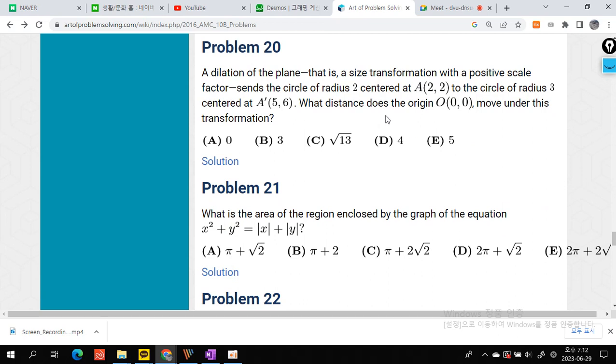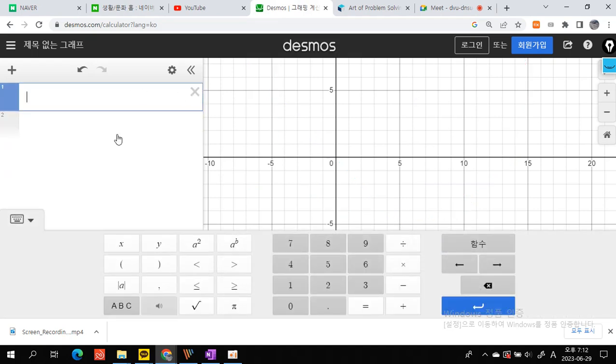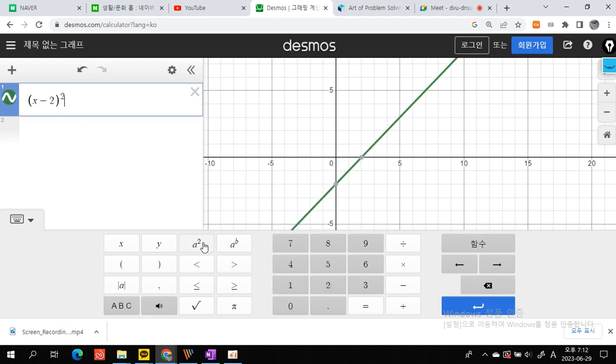In number 20, let's make some graphs using decimals. So the first circle, the center is 2 and 2 and the radius is 2. That means we can make the equation for the circle. Yep, so this is one circle.